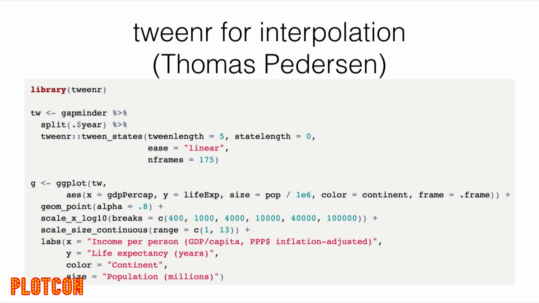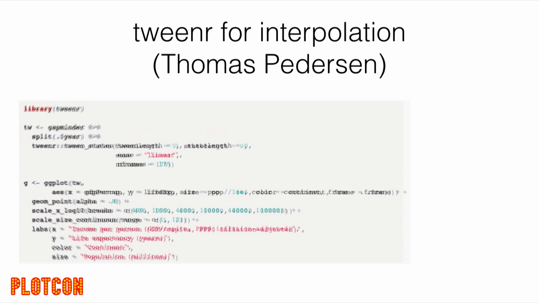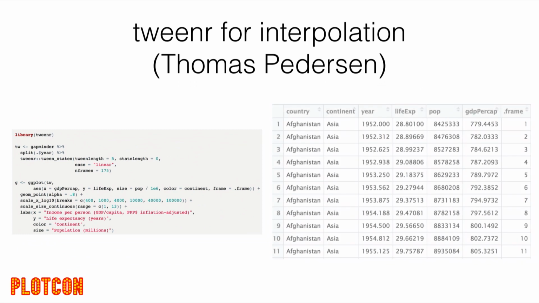I want to give a shout out to a really great package called tweenr that works as an input to gganimate for interpolation. So in this step, what we did is we took the data set and then we said, we want to split it by year and use tweening to get points between them. We then end up with a new data set that looks something like this.